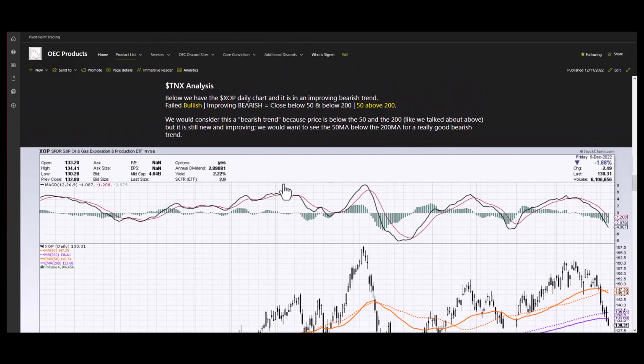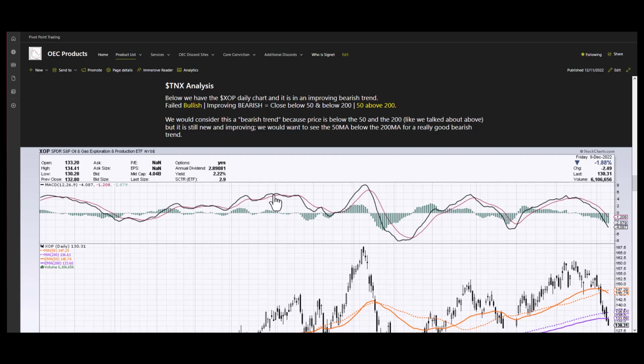But we can use the word bullish and just put the word failed in there. So we can say this is a failed bullish trend, and it's an improving bearish trend. We have to have that bullish word because we have 50 above the 200.